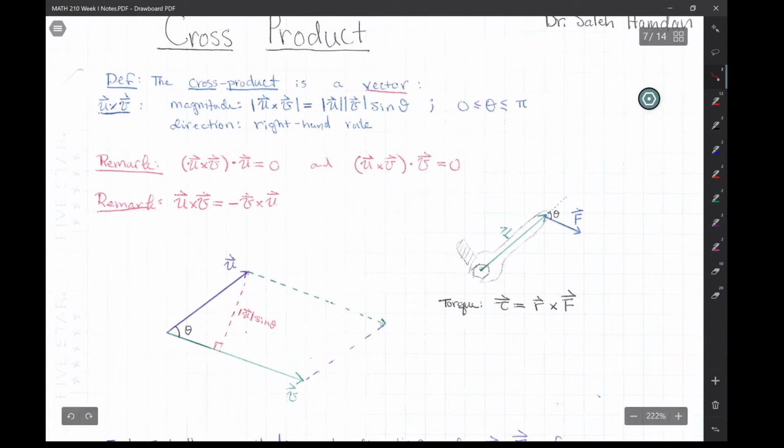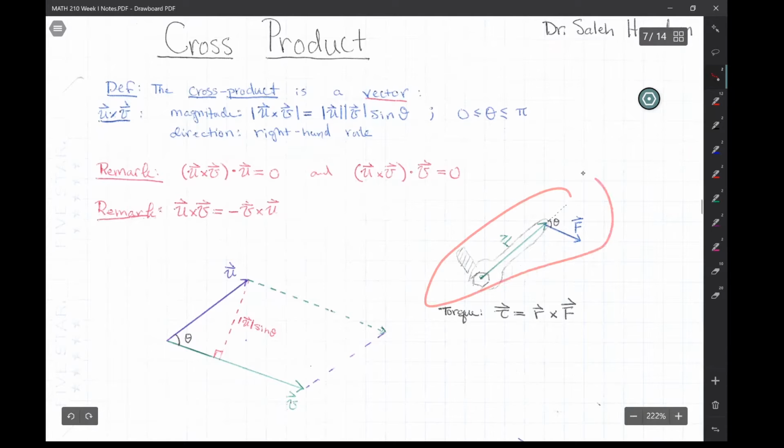Now, physically, how could you think about the cross product? Well, we have this concept in physics, which is also important in our class, called the torque, and it's the cross product of r, where you would apply a force, and the force. So r cross F gives you the torque. If we have, say, a screw over there and we have a wrench, this is supposed to be a wrench at least, and we let this be our origin, then we have a vector r that points along the arm of the wrench.